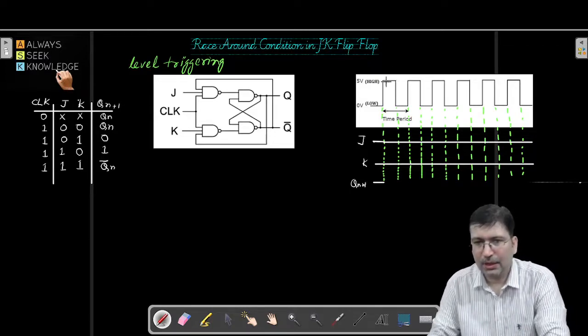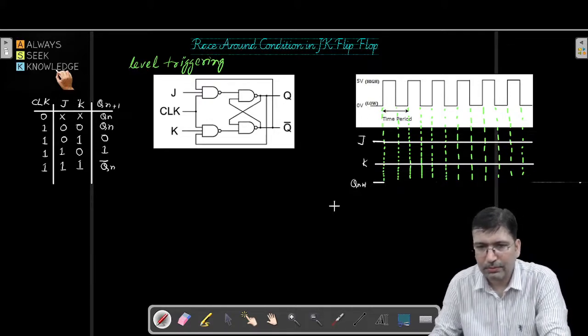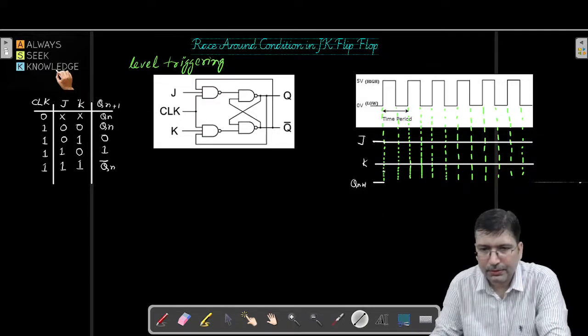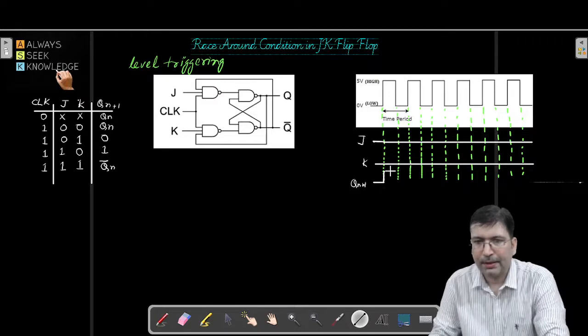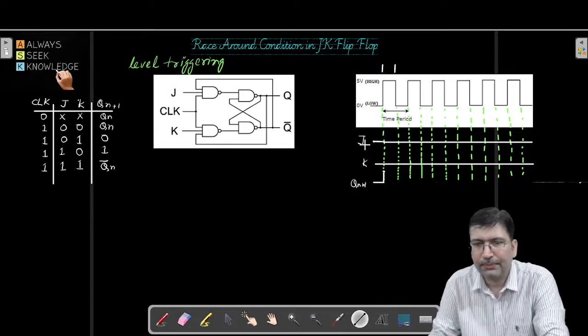Now once the pulse becomes high, because this flip-flop we are assuming is level triggered, we will get the deflection and it will become high. But in this duration from here till here, the pulse is high only.